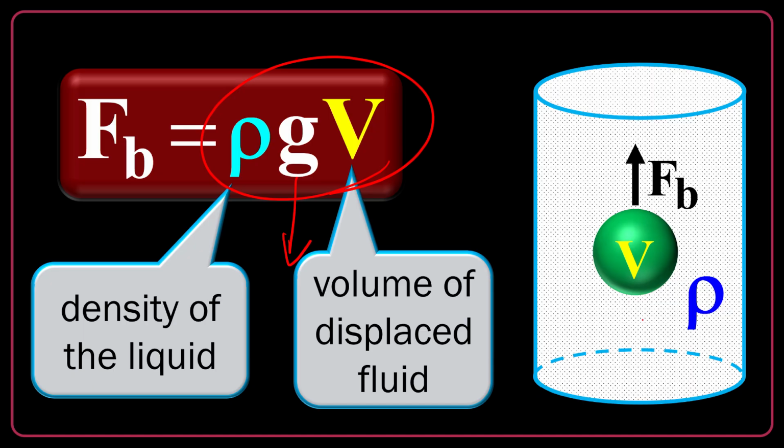When the object is fully submerged in the liquid, the volume of the displaced liquid is equal to the volume of the object. But it's not always correct. Sometimes the object is partially submerged. So here we use exactly the volume of the submerged part of the object, which is always equal to the volume of the displaced liquid.